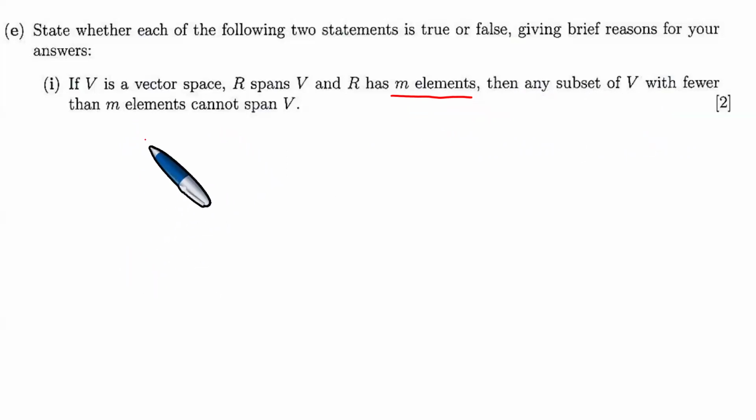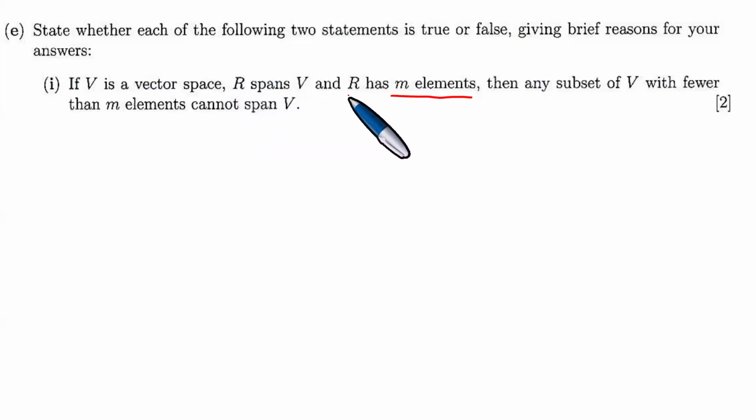So we read again. If V is a vector space, R spans V. So there's a set of vectors that spans V, that generates V. And this set of vectors can have n vectors, etc., that generate the whole of V, meaning every vector in V can be represented as a linear combination of those elements.